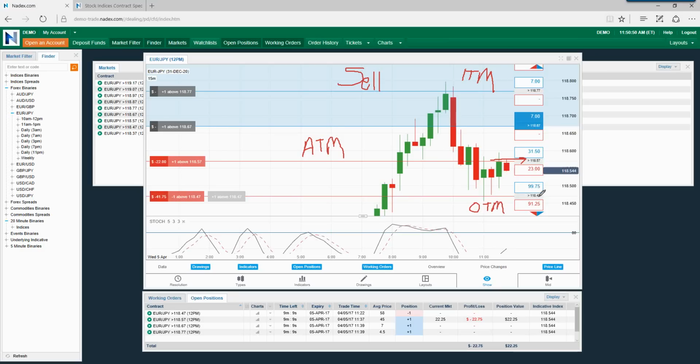No, at the money is the strike price where the indicative price is currently trading. This strike price is 118.57. The indicative index is 118.54. This is the closest strike, so this would be considered your at the money.